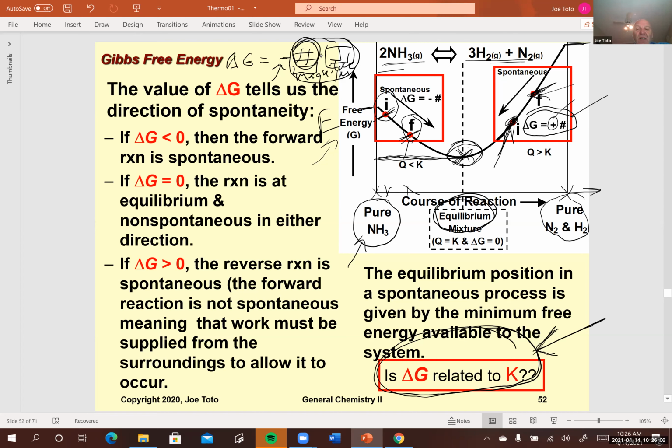We want to take a look at the delta G and how it's related to the equilibrium constant. And this kind of exercise, by looking at the free energy content for a typical reaction and how it changes during a reaction lifetime, or a reaction as it goes towards equilibrium.